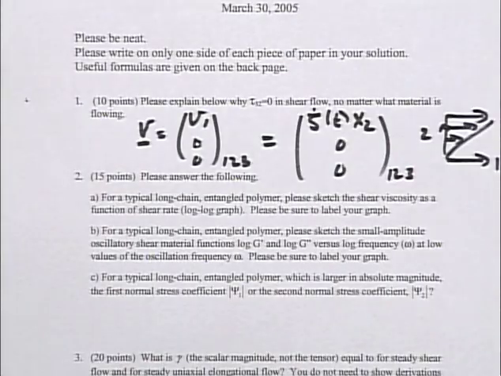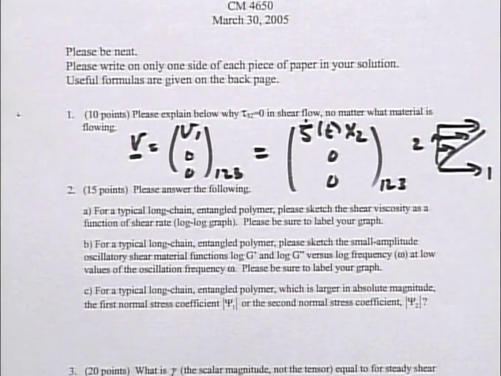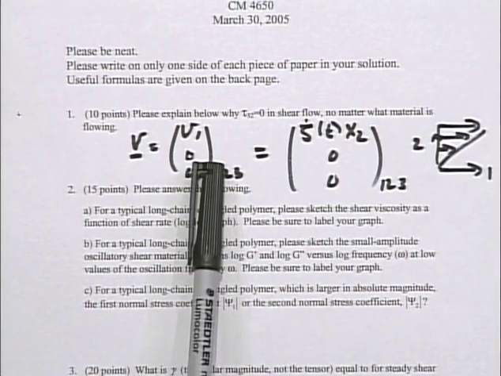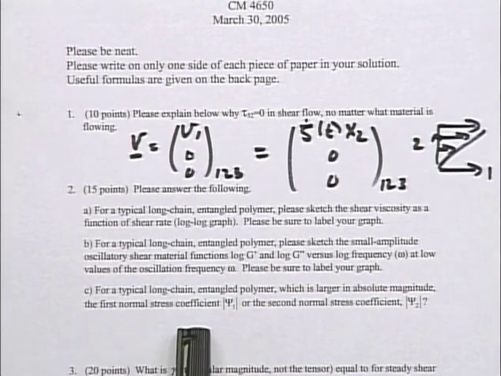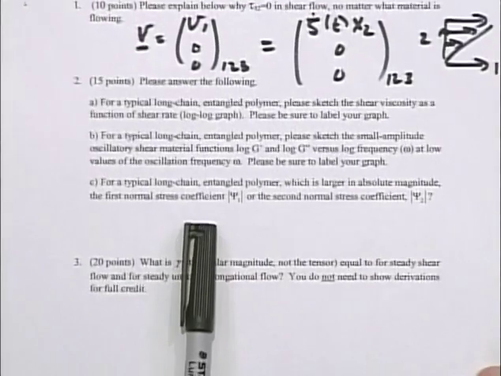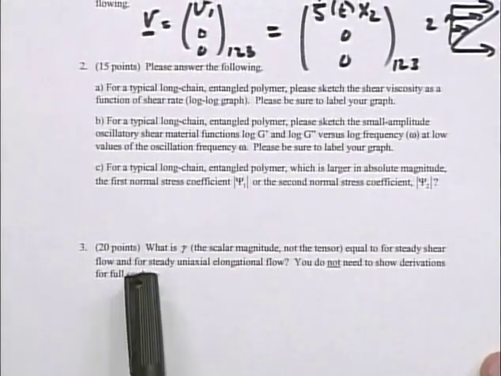So let's look back at the balance of the exam. The exam was a few problems. This was a problem on the standard flow chapter, asking about the symmetry. Problem 2 was all on material behavior from the sheet that I gave you.